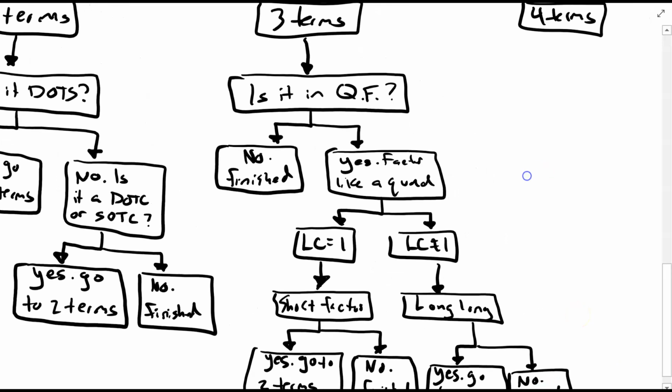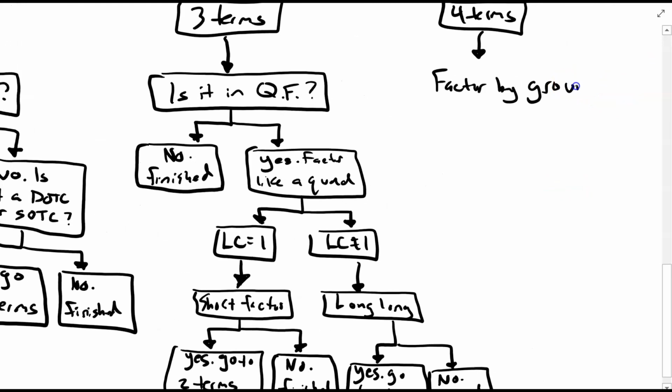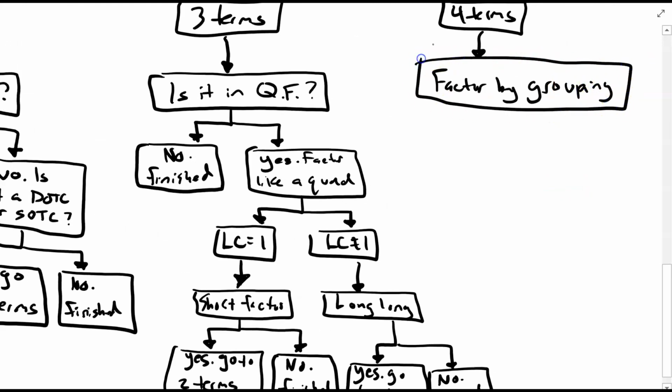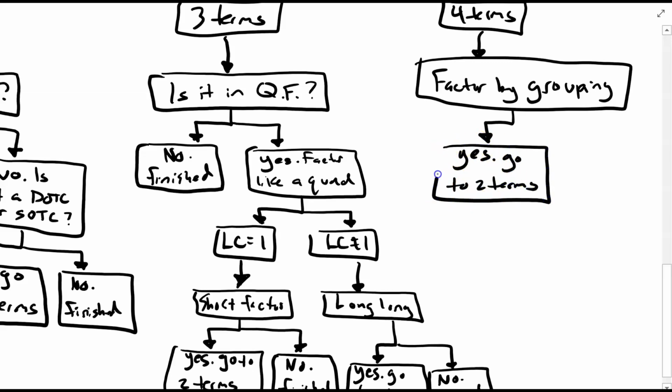And then the last branch was the four terms. We had only one option here, which was factor by grouping. If we could do that, then we just go to the two-term branch and check to see if there's any more factoring.